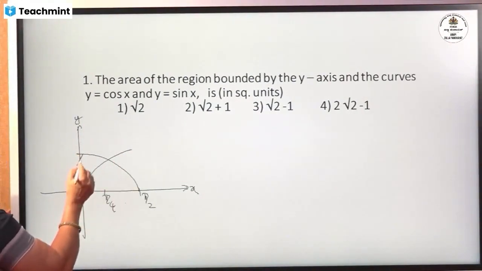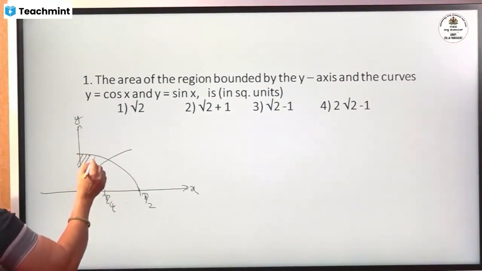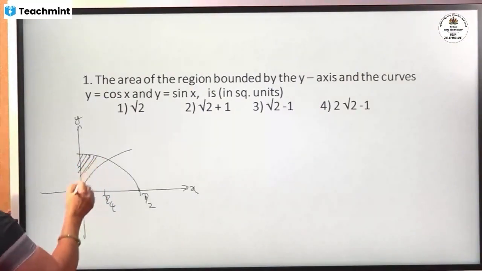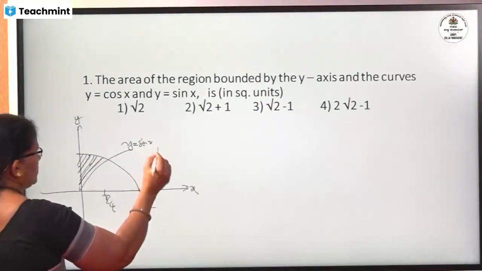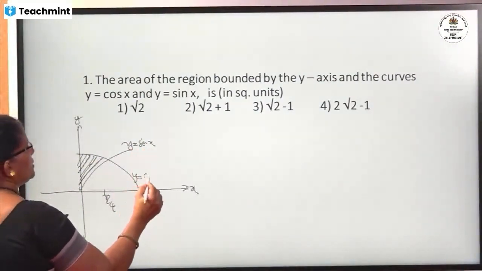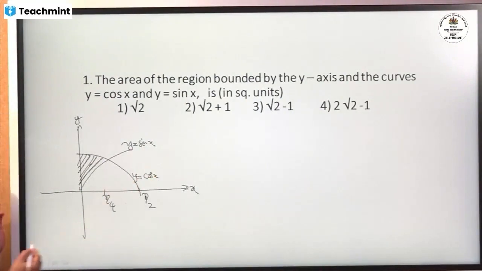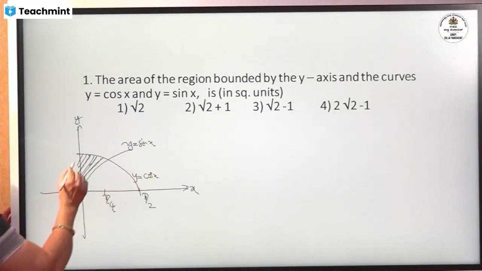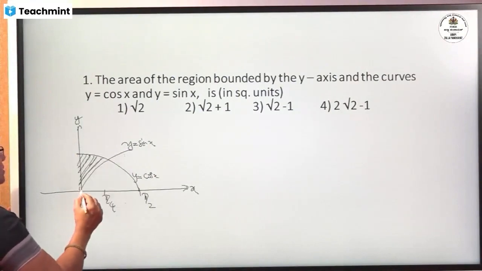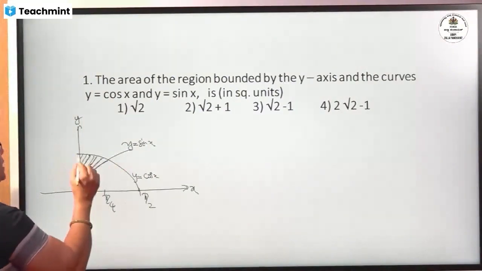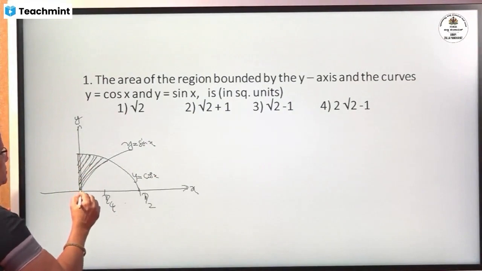So which is the area that is bounded by y is equal to sin x, y is equal to cos x. This is the curve, y is equal to sin x. This is the curve, y is equal to cos x. And what is asked is the area bounded by y is equal to cos x, y is equal to sin x and y-axis.